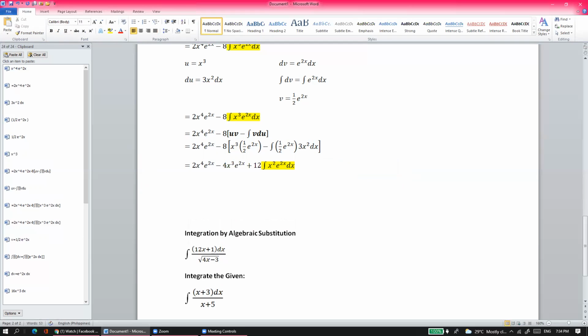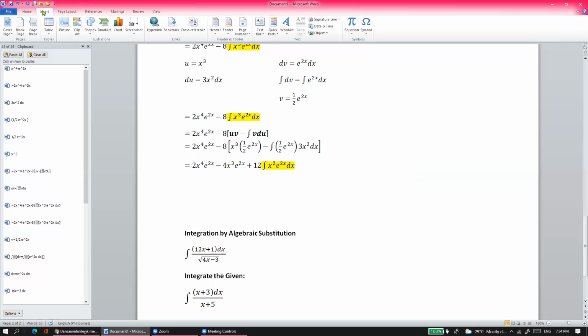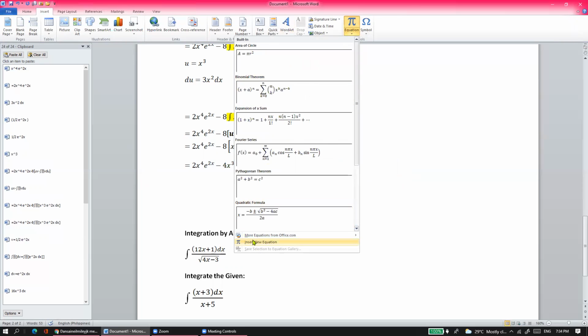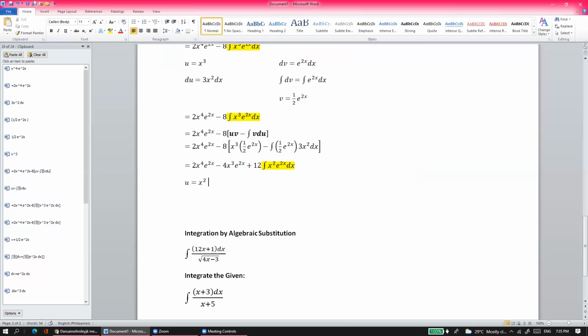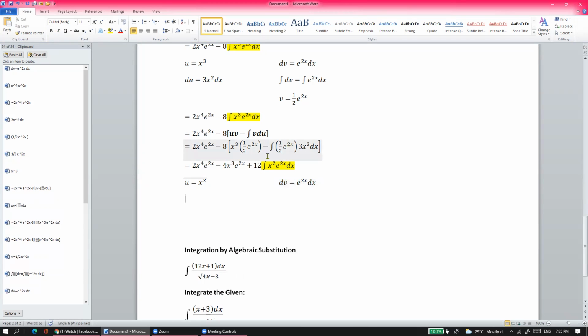So, ano yung ginawa kanina? Repeatedly, gagawin natin. So, again, we have a new u is equal to x squared. In this case naman. So, I'll write x squared. And then, copy ko lang uli yung dv. And then du is equal to 2x dx.